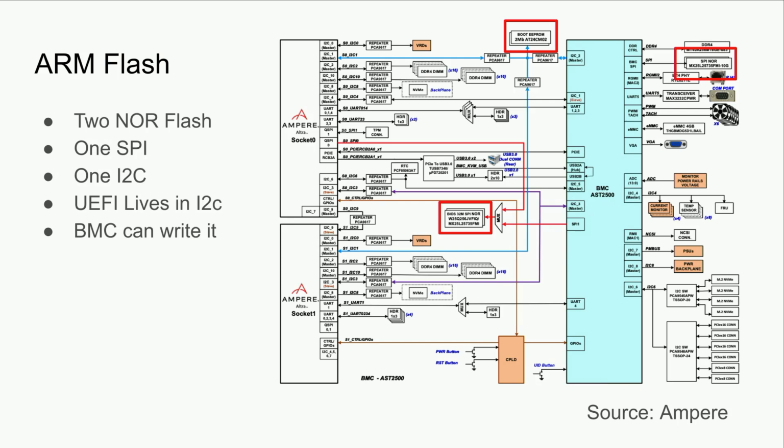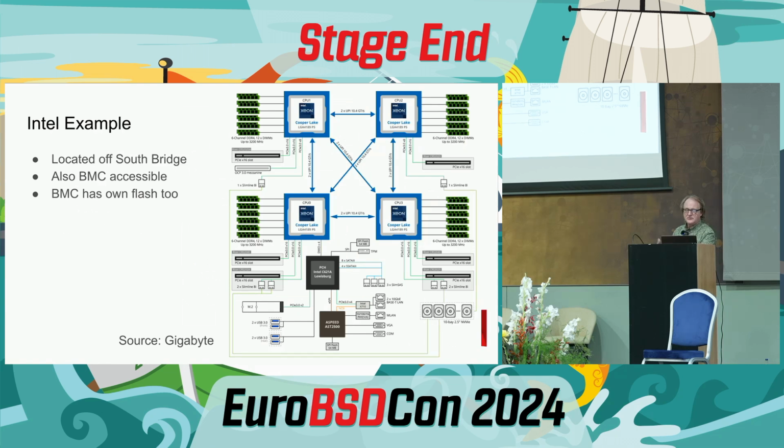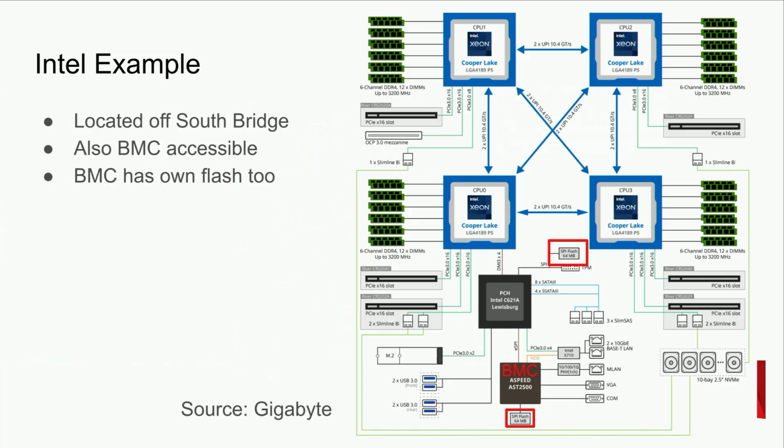So, if you screw one up, you're not going to screw them both up. And just so that I had, for completeness, I included a motherboard for Intel. It also has the SPI flash, and it also has the BMC to manage things. I didn't find a good laptop block diagram to share.